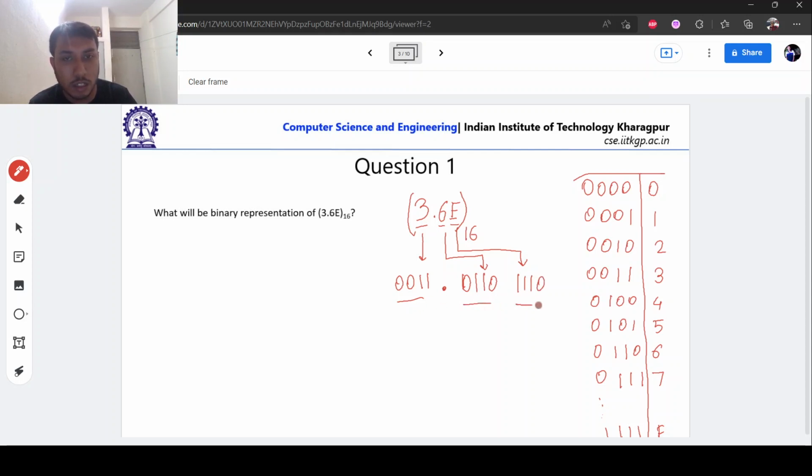So this is the corresponding binary representation of 3.6E. Next we will go for the next question.